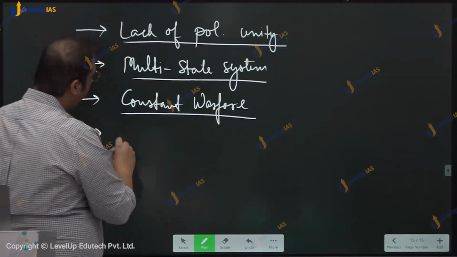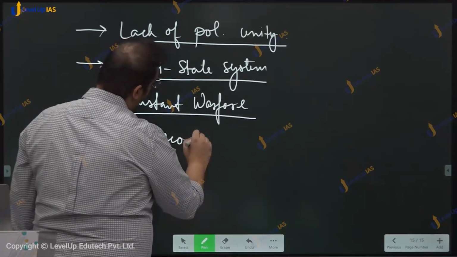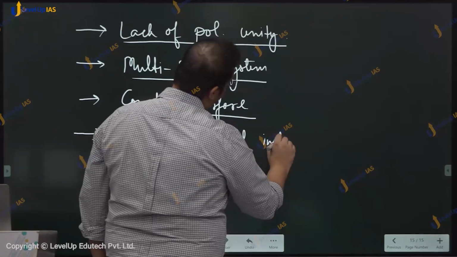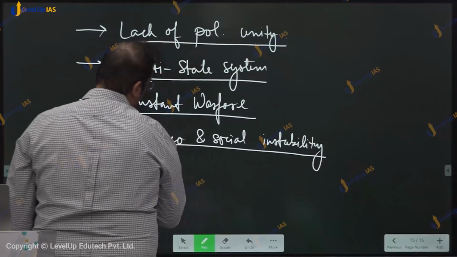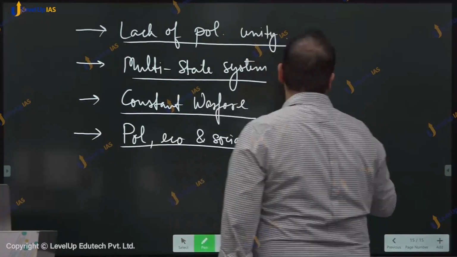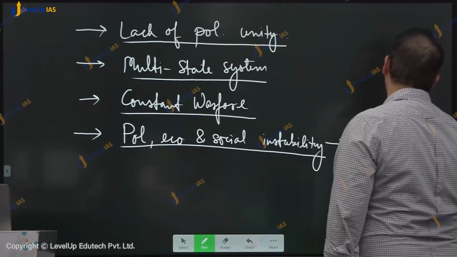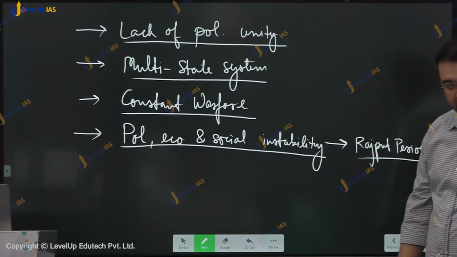This was leading to political, economic and social instability, which was a characteristic of the Rajput period of Indian history, right?